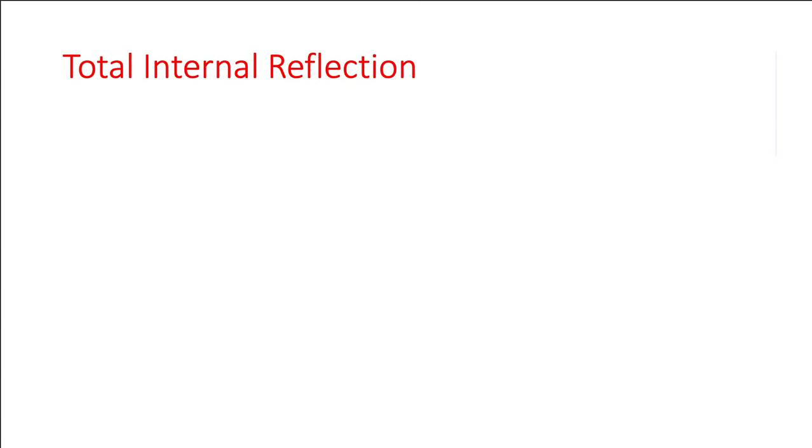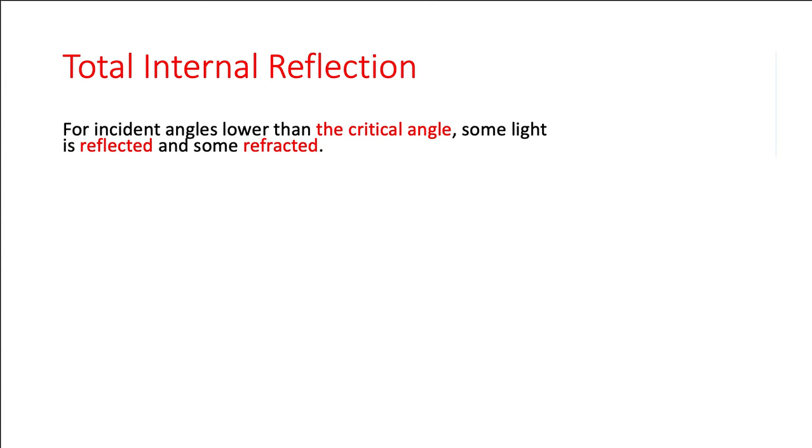So when we want total internal reflection to occur, we have to be very careful with our angle of incidence. We are able to identify an angle called the critical angle. And the critical angle is an important angle in total internal reflection.